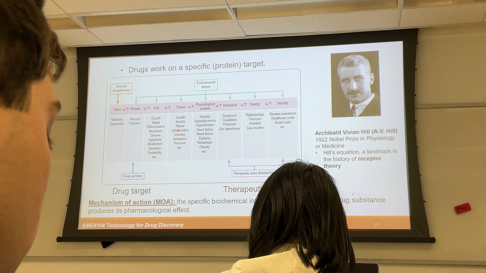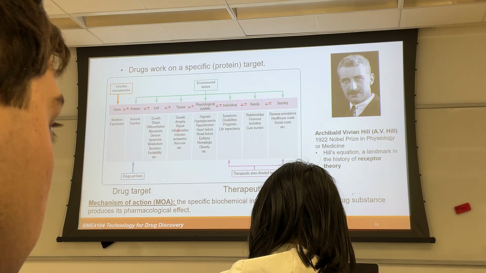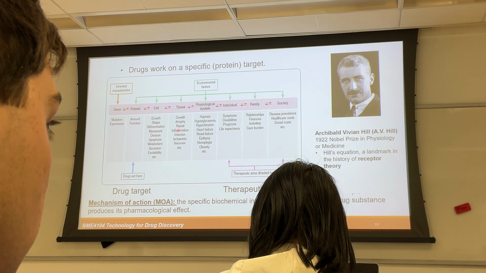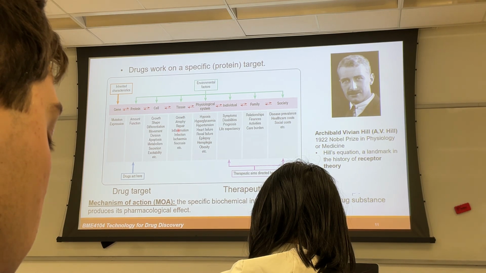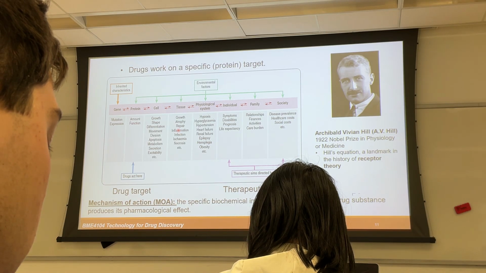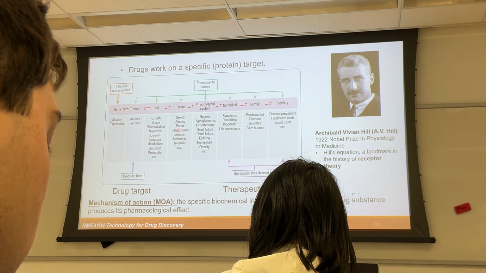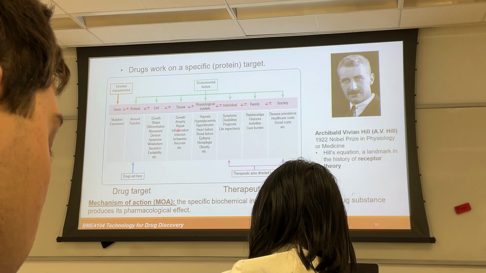So basically, MOA describes how the drug interacts with specific proteins to realize its intended function. And it's very important for us to understand the MOA of a drug to optimize it and develop newer drugs.